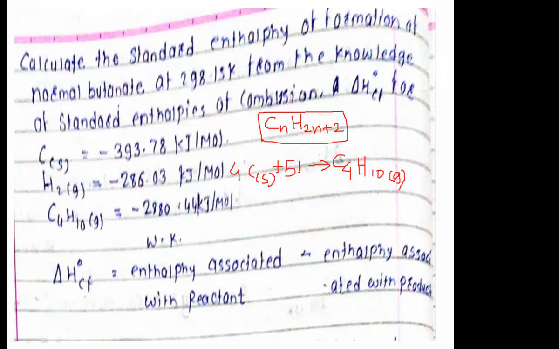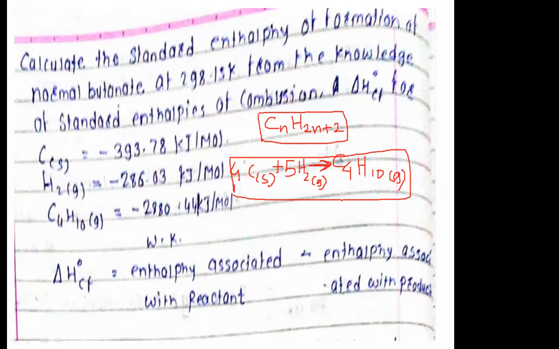Correct, 5 H2 gas. This is the formation reaction of normal butane. They have not given the reaction, but this is our reaction: 4 carbon solid plus 5H2 gas gives C4H10 gas.